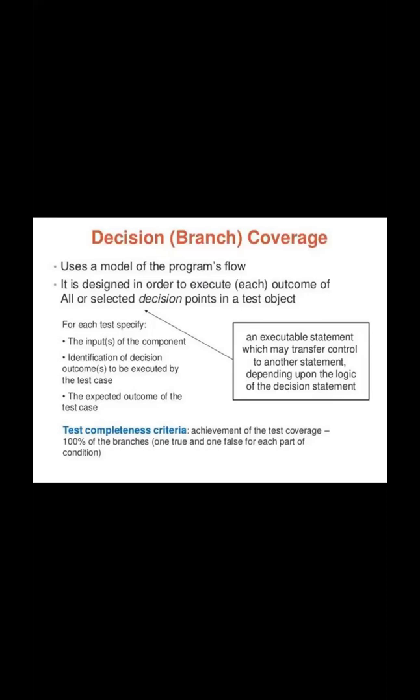We know very well branching statements means if then else, nested if, else if ladder, switch case, and do while or for loops. All those things come under branching statements. So we'll check for some condition. If the condition is true, it will execute one set of statements. If the condition is false, it will go to another set of statements. So there will be a branching, this branch or that branch.